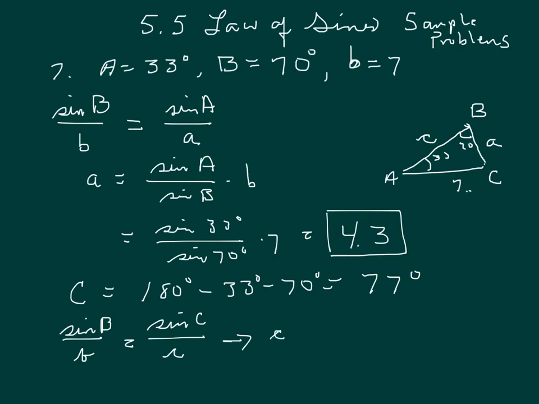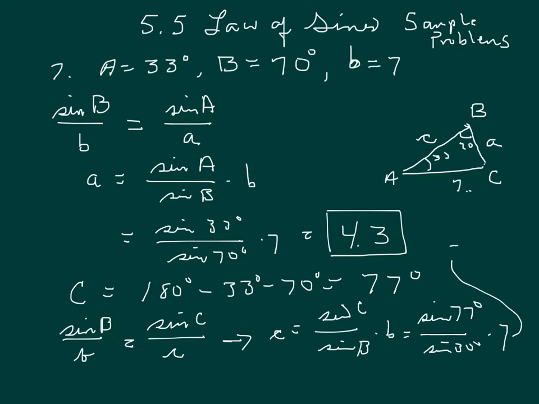So little c, lowercase c, is equal to the sine of the angle C over the sine of the angle B times b. That will be equal to the sine of 77 degrees over sine of 70 degrees times b, which is 7, and that comes out to be equal to 7.3. And those are the other three pieces of the triangle.